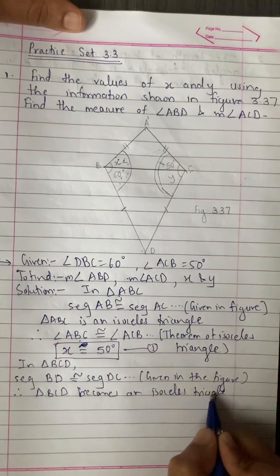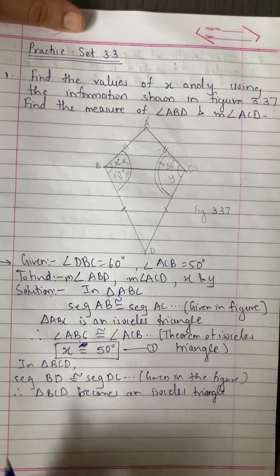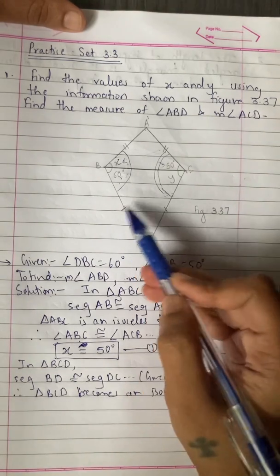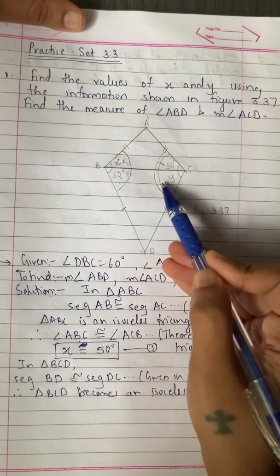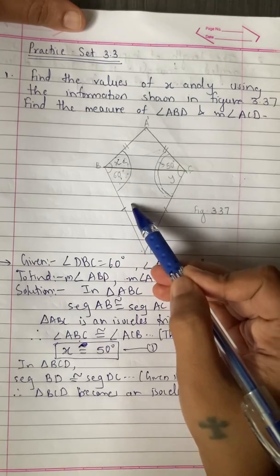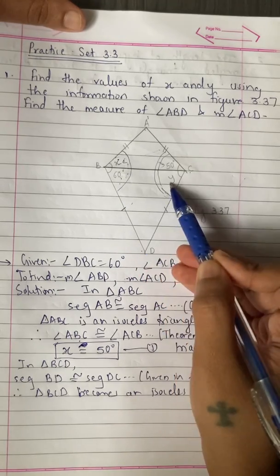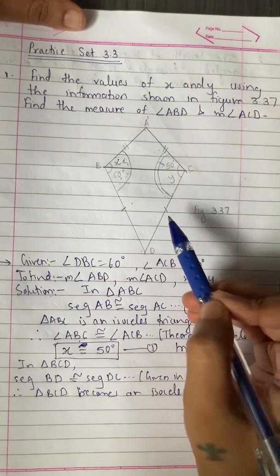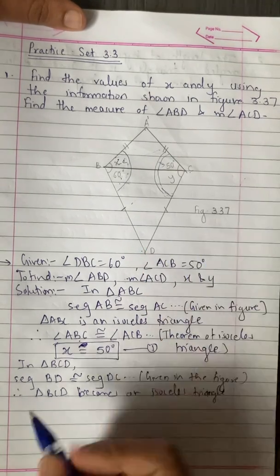Alright, now when two sides are equal, the angles which are opposite to these sides also become equal. So which angle is opposite to this side? This angle y. And opposite to this side is this angle, 60 degree. So write down the full form of the name.